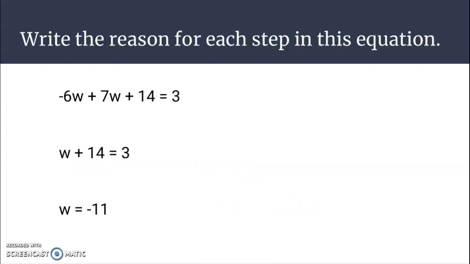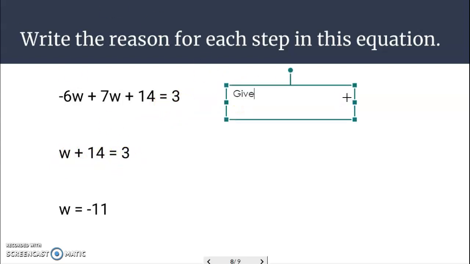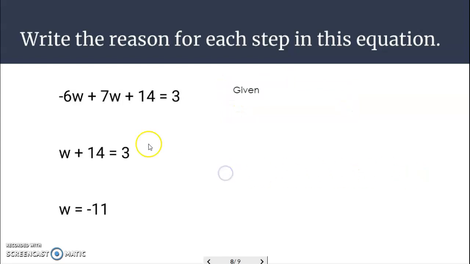Let's look at another one here. Hopefully we don't have any typos here. Doesn't look like it. Reason for each step. Okay, we have -6w plus 7w plus 14 equals 3. The next step ended up with just w plus 14 equals 3. Well, the first step is always given. And then it looks like we just combined like terms.